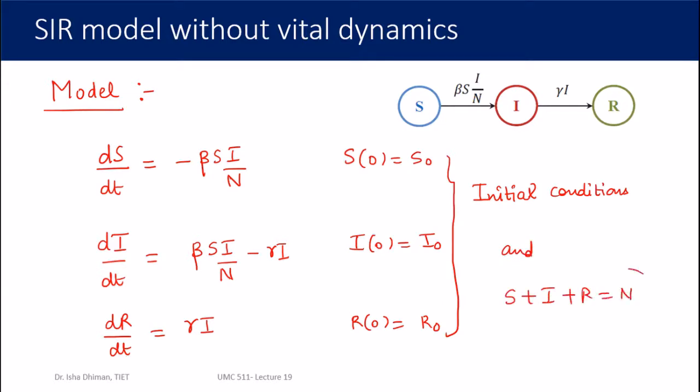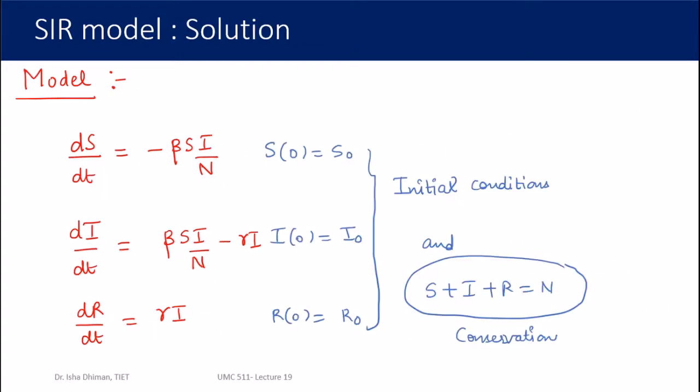And this additional condition, we need to remember that S plus I plus R is equal to N. And that's because of the conservation, which I've just explained to you. So that's the complete model. Three differential equations along with three initial conditions and one extra condition, S plus I plus R equals N.